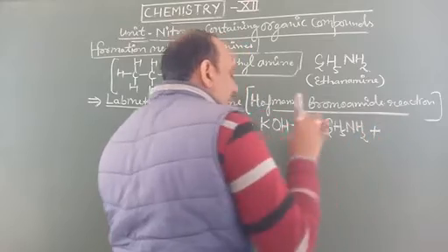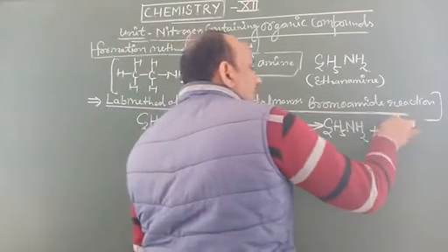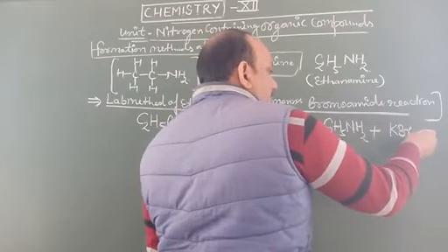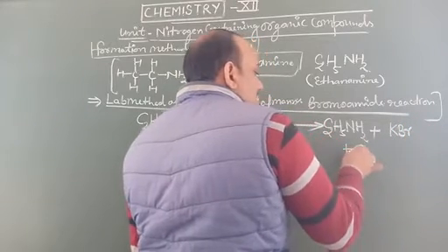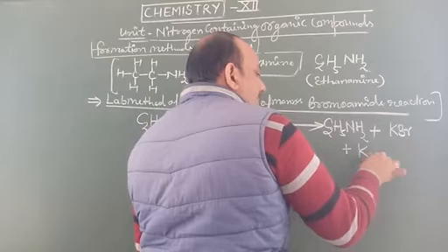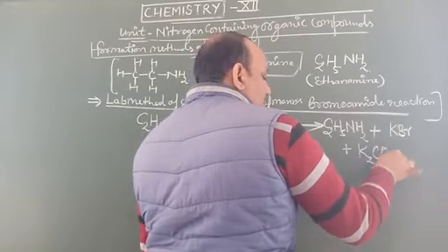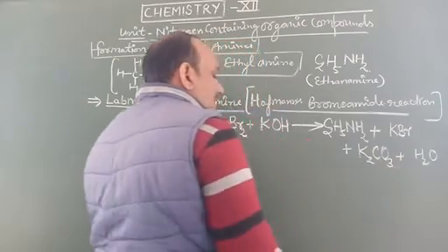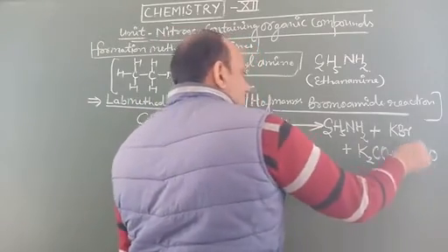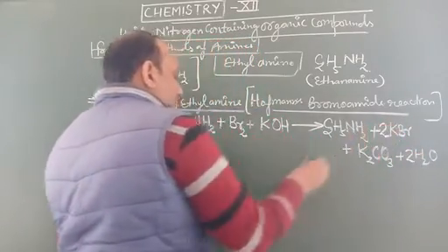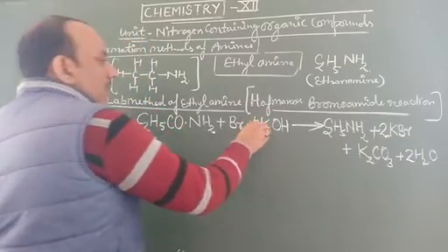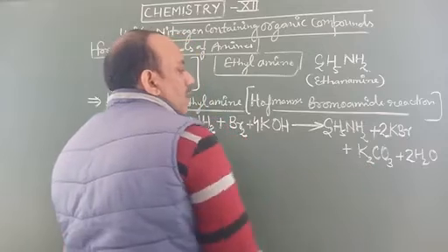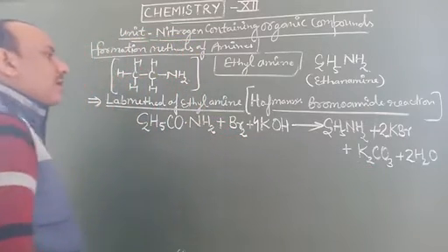It is the main product of this reaction, and it releases potassium bromide KBr and also potassium carbonate K2CO3 with water H2O. For balancing, use 2 and 4, because potassium atoms are 2 and 2, total 4.